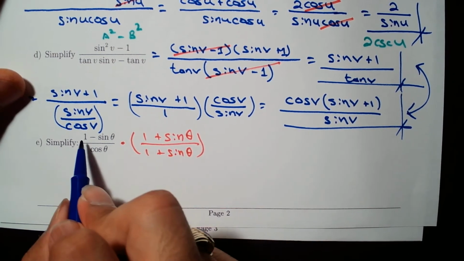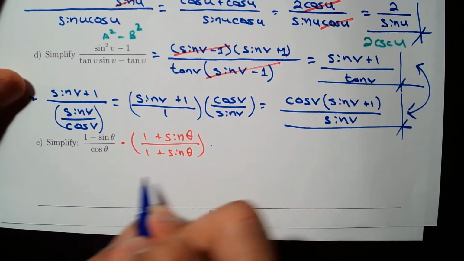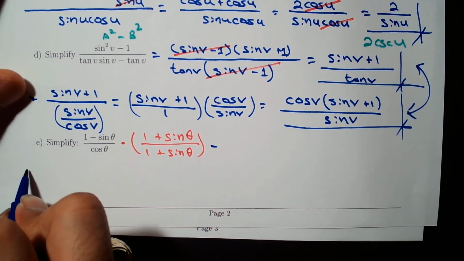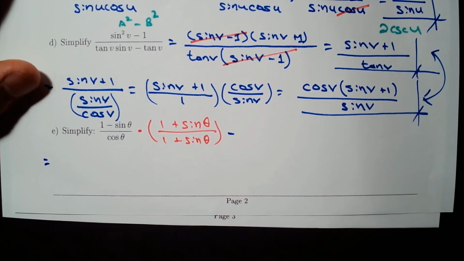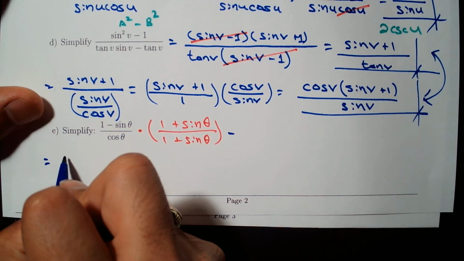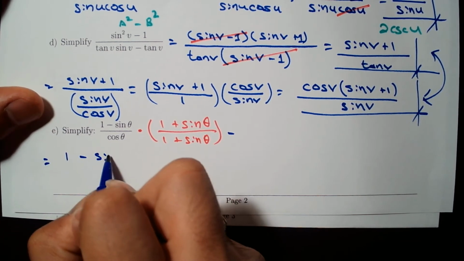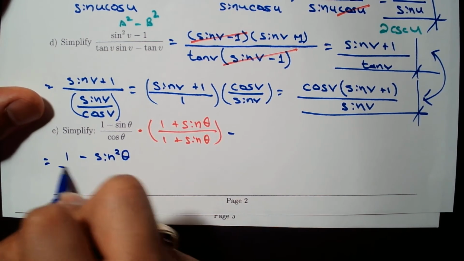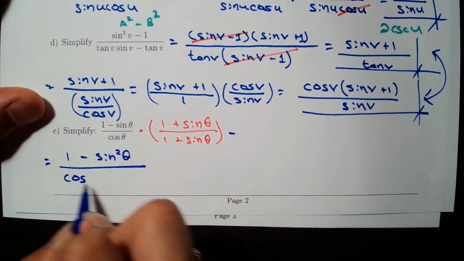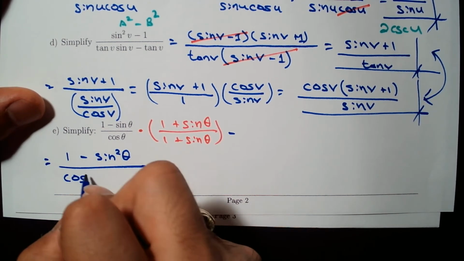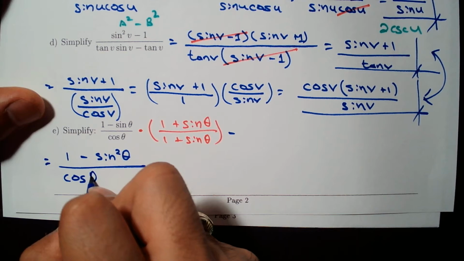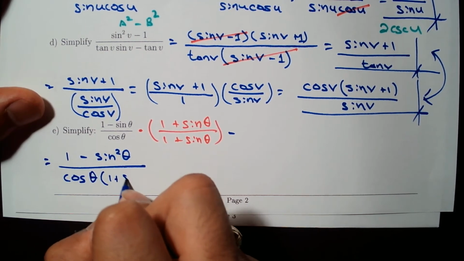That's a factor form of a difference of squares. So that's 1 squared, which is 1 minus sine squared, divided by cosine times 1 plus sine.